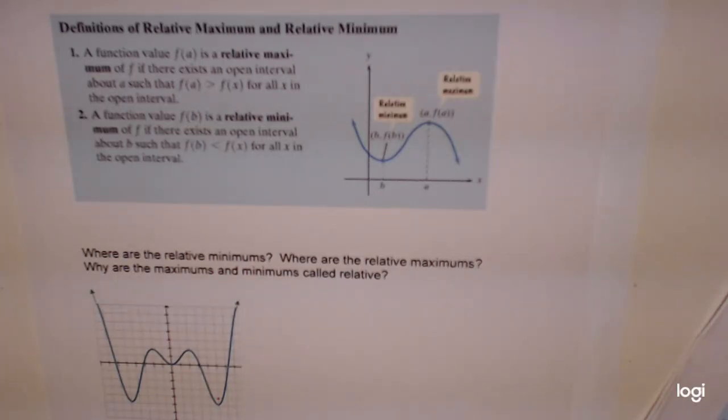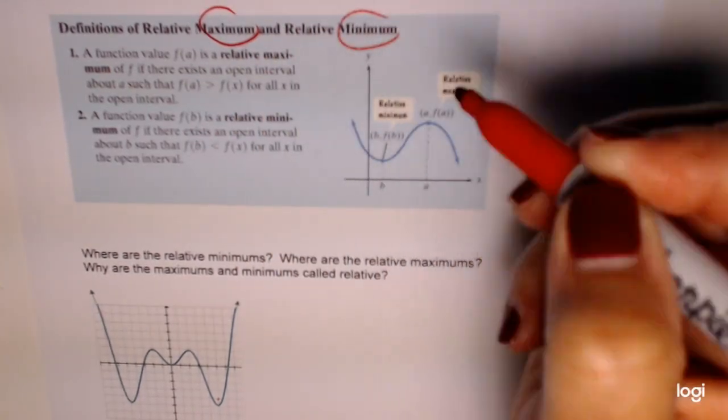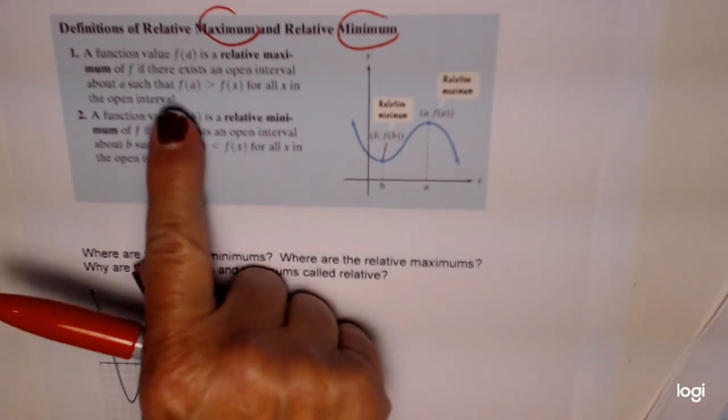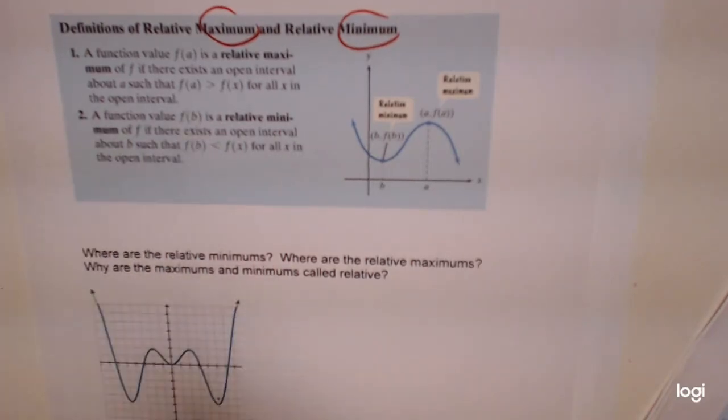Continuing on in this section 2.2, next topic is the idea of relative maximum and relative minimum. So we're going to be looking at maximum and minimums. And the definition here of a relative maximum says, if you have an open interval, so again, we're looking at these open intervals using parentheses.